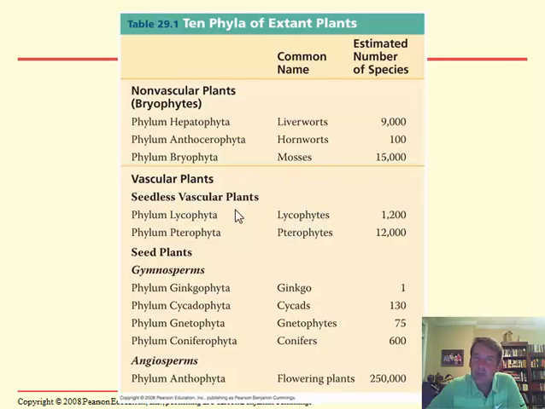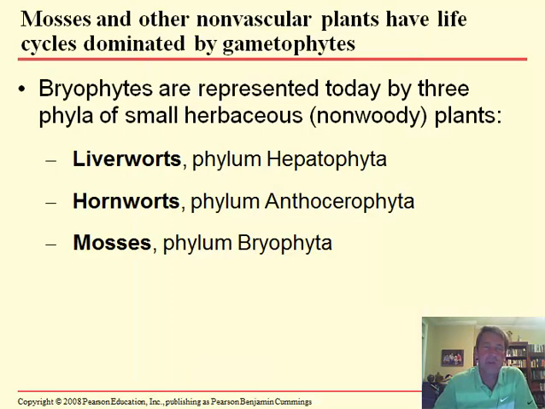So these include the ferns and a few other groups are in there as well. And then we have the seed plants. These are plants that produce seeds, and there's two major groups of that, gymnosperms and angiosperms. So we're going to look at all of these, but as I mentioned, we're going to start with the bryophytes. Mosses and liverworts and hornworts are the other two groups.